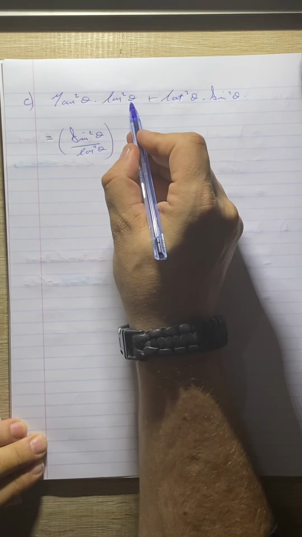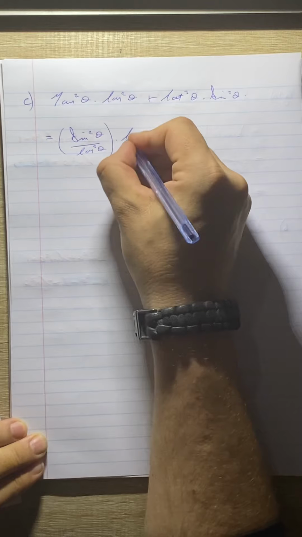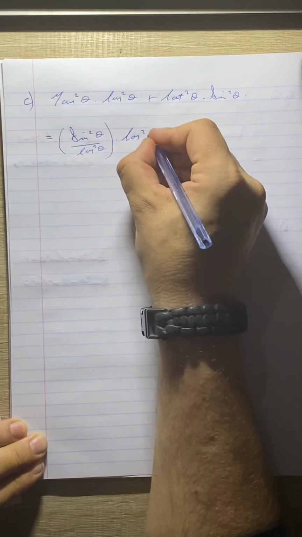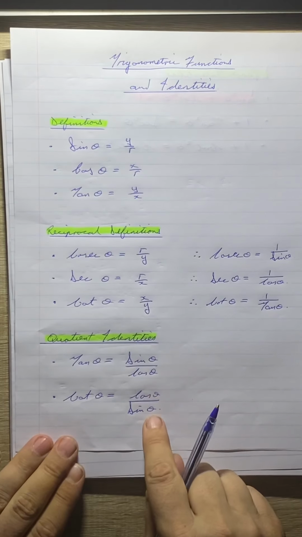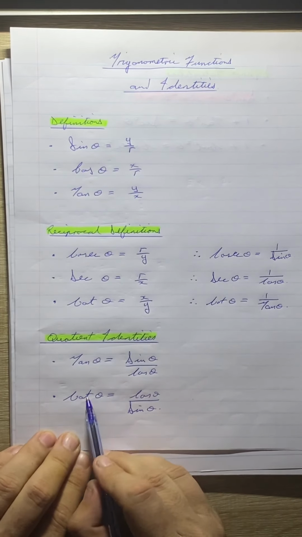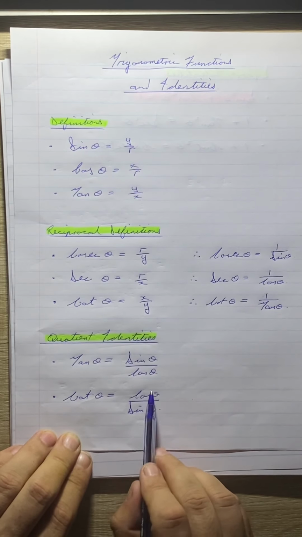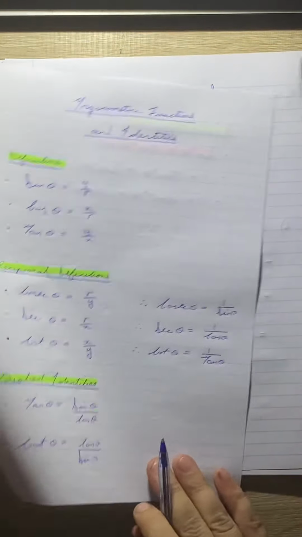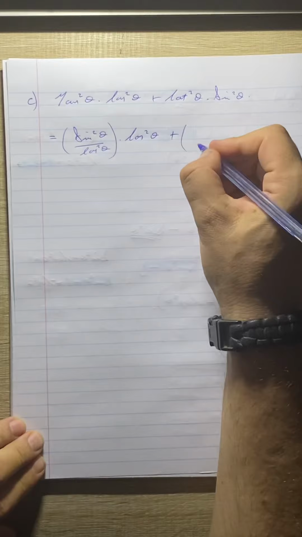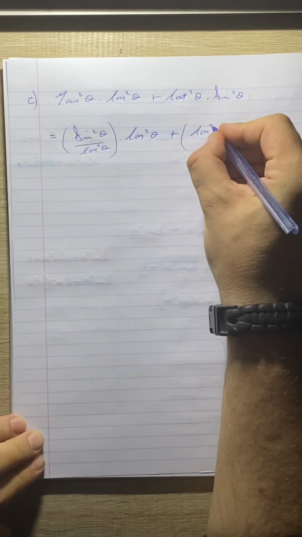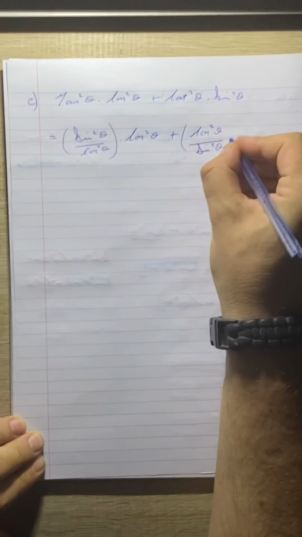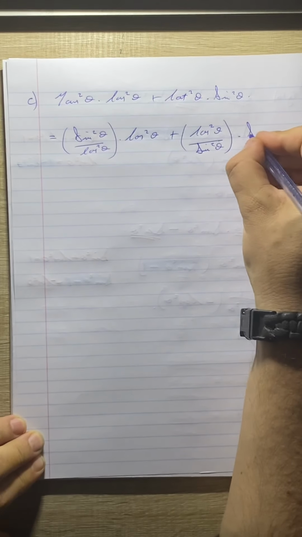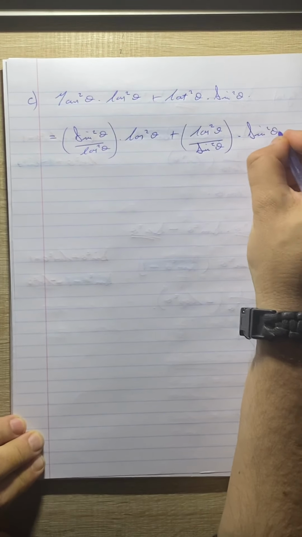This is already cos, so I'm happy with that. So that's times by cos squared theta plus our cot squared, we are going to change to cos over sine. But because it's squared, cot squared, it's going to be cos squared theta over sine squared theta. So this one will become cos squared theta over sine squared theta multiplied by sine squared theta.